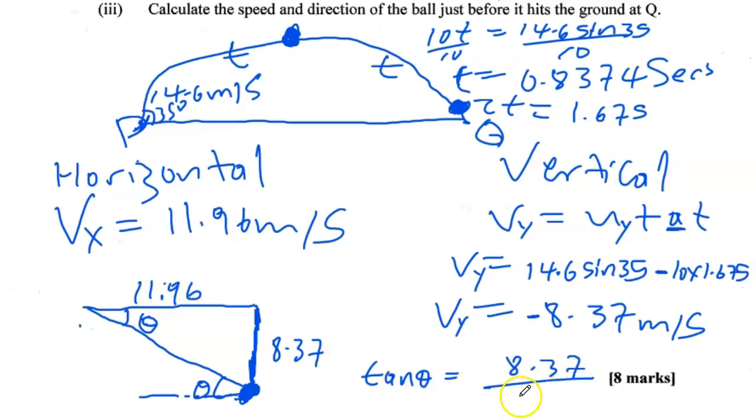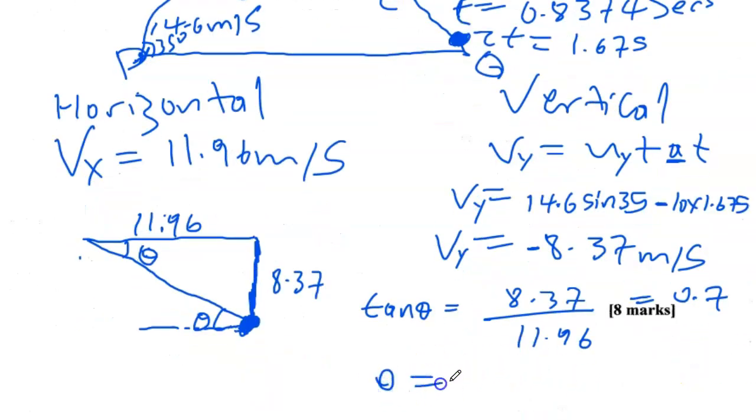Adjacent is 11.96. So if we calculate that, we get 0.7. So theta is tan inverse 0.7. So theta would be 35 degrees. So the ball will hit the horizontal at an angle of 35 degrees.